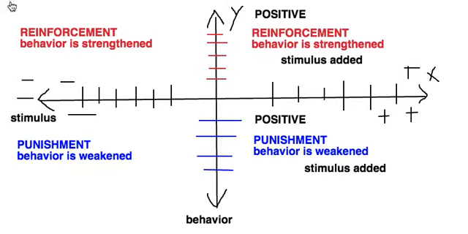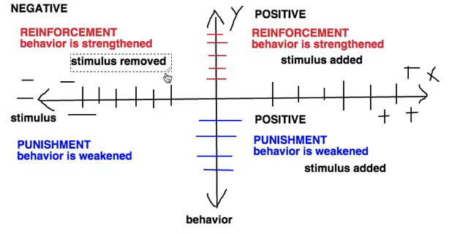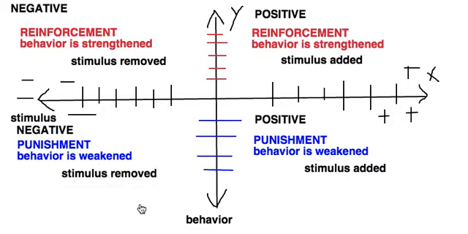On the negative side, the word negative just refers to a stimulus being removed, or some people say taken away. This is true in negative reinforcement and in negative punishment. So on the left side of the quadrant, we have the removal of consequences or stimuli.